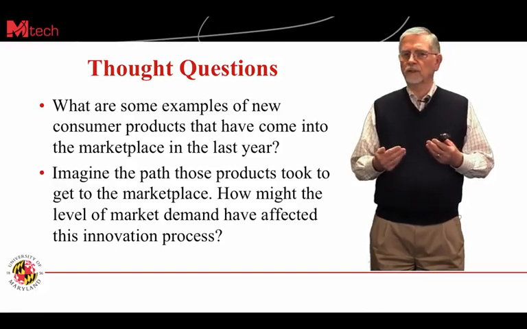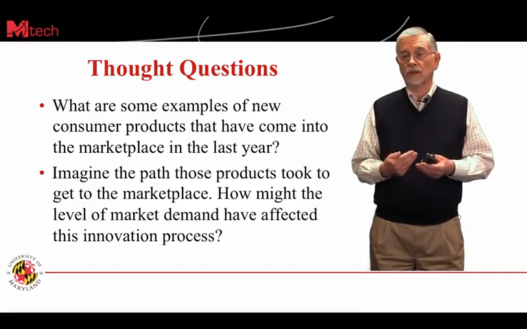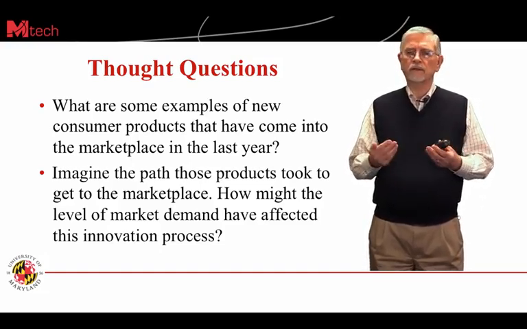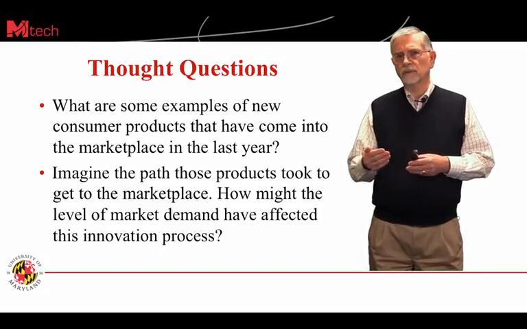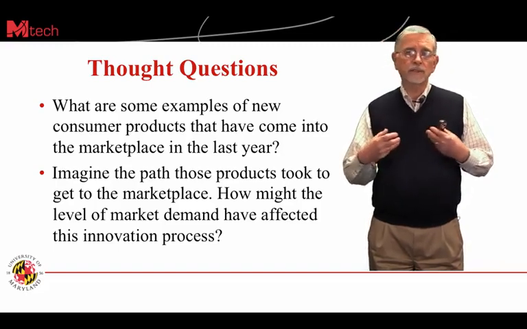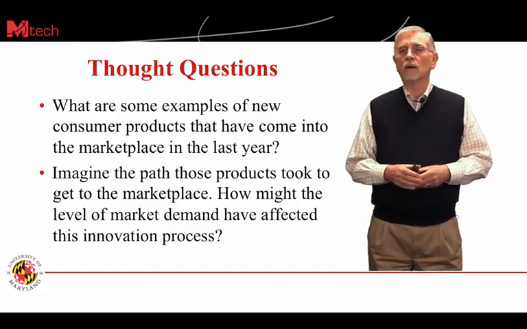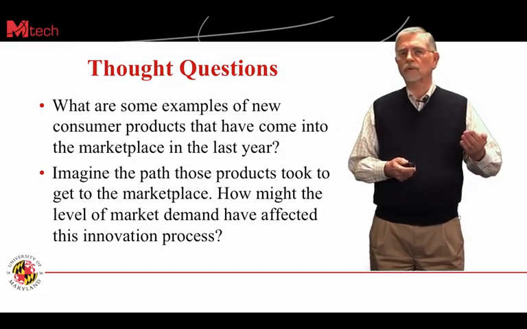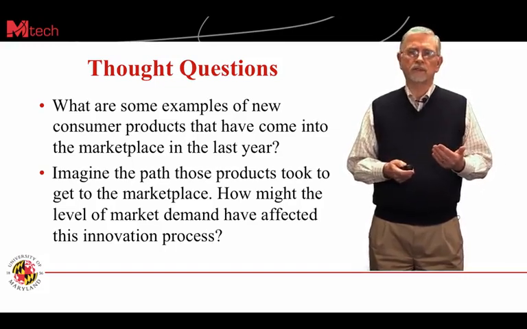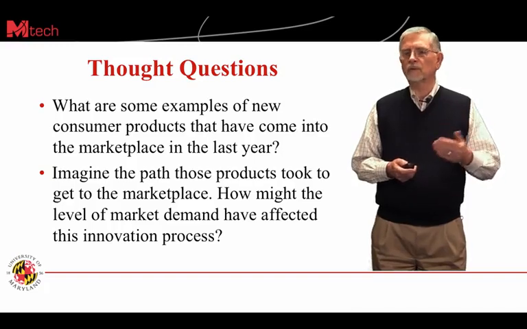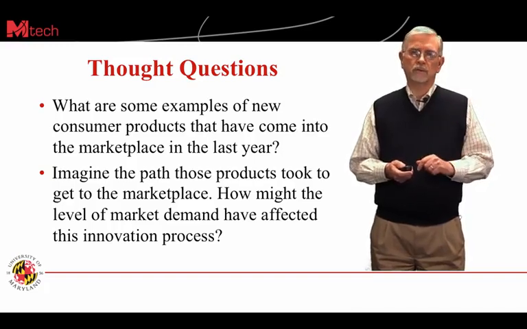And imagine the path that those products took to get to the marketplace, and think about how the level of market demand that has affected the innovation process made a difference to how fast it came into the marketplace or how slow it came into the marketplace, how easily it was accepted. All of these things tend to have forces that trigger them. And so you can think about what affects the speed of development and the speed of the process steps that go into new product development.